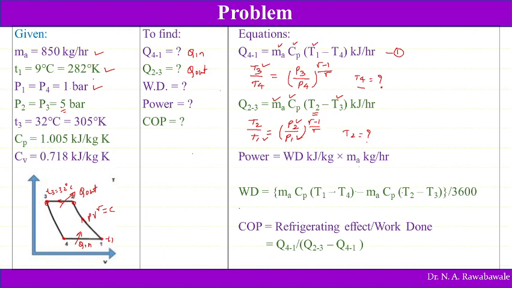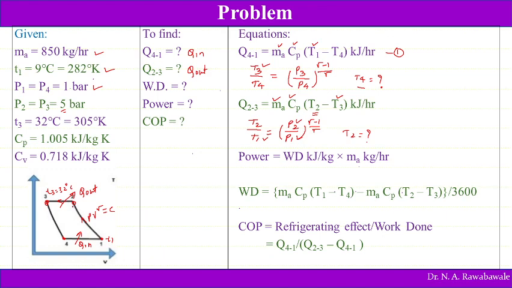So now here power is equal to work done in kilojoules per kg into mass flow rate in kg per hour. So if we use this without mass, then it will be in kilojoules per kg. Now here if we multiply it with mass flow rate, then it will be in kilojoules per hour. So here this work done can be obtained by Q out minus Q in.